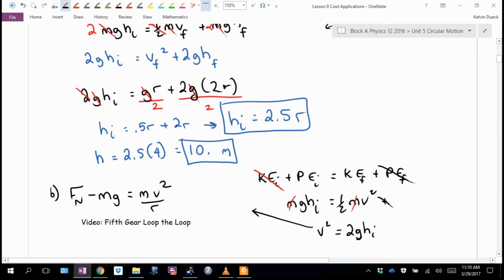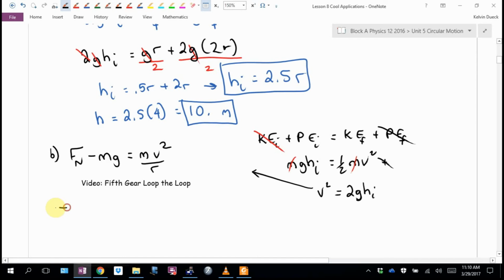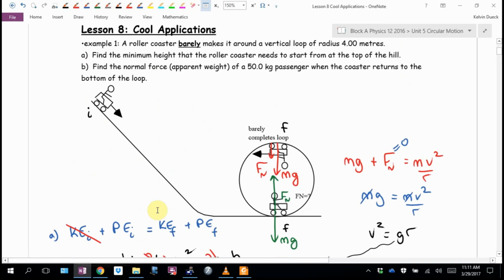Let's plug that in over here. The normal force at the bottom is going to be mv squared over R plus mg.